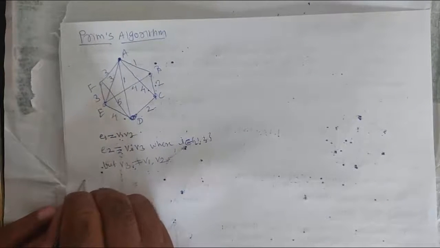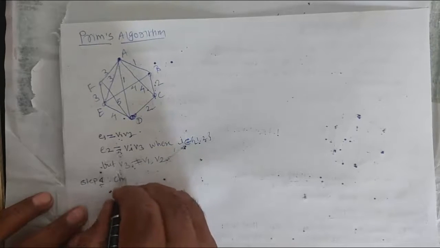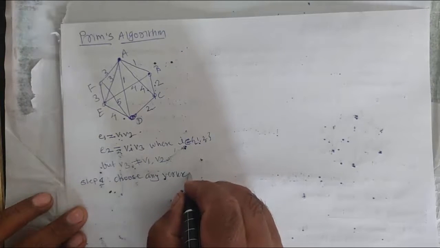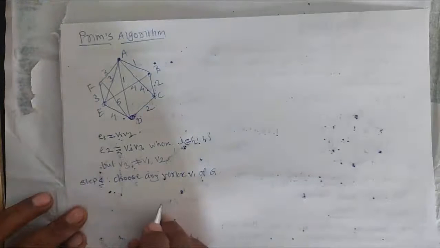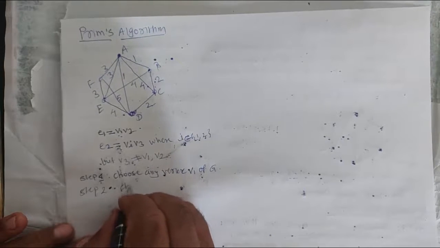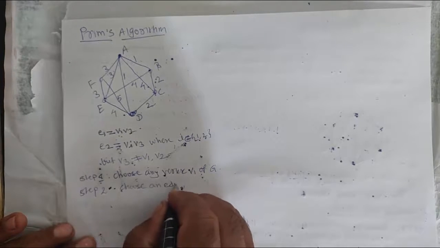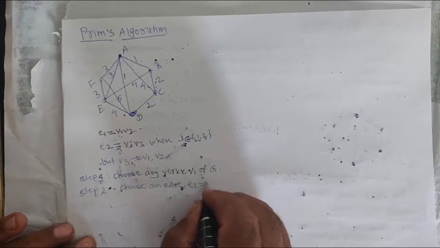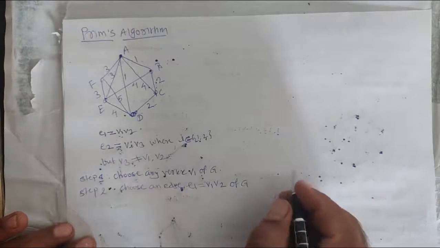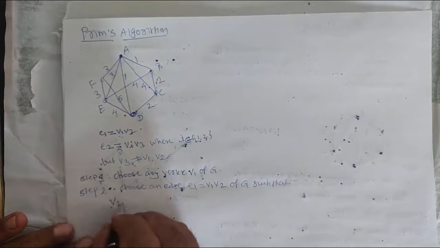Here is the algorithm. Step 1: Choose any vertex V1 of G. Step 2: Choose an edge E1, E1 is V1 V2 of G, such that V2 is not equal to V1.